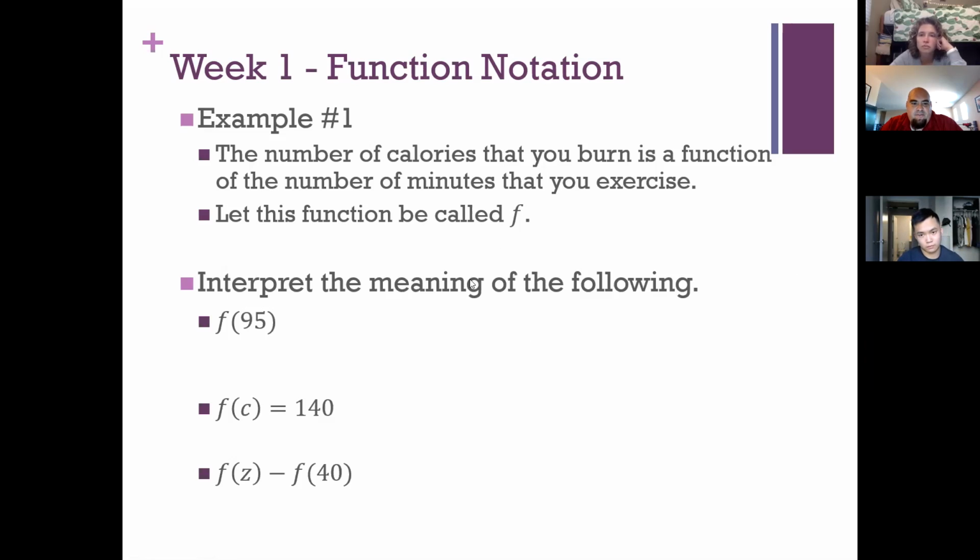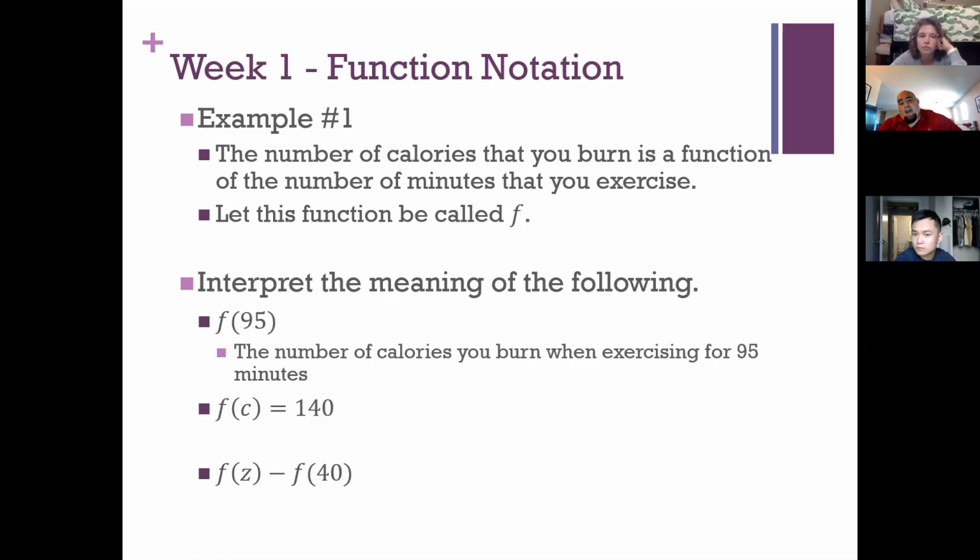So I think a few of you are saying things that are different words but the same kind of meaning here. The way I worded it was the number of calories you burn when exercising for 95 minutes. Obviously there are many, many ways we can express these, but as long as you have the core meaning there, we're all good. How about f of c equals 140?